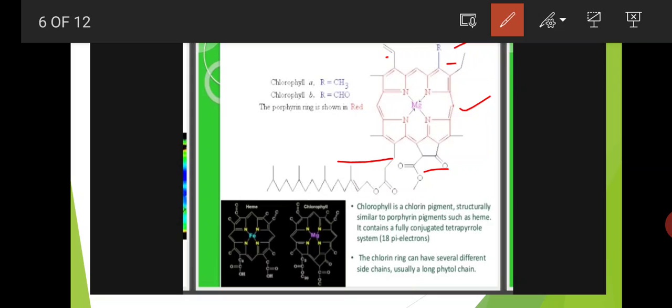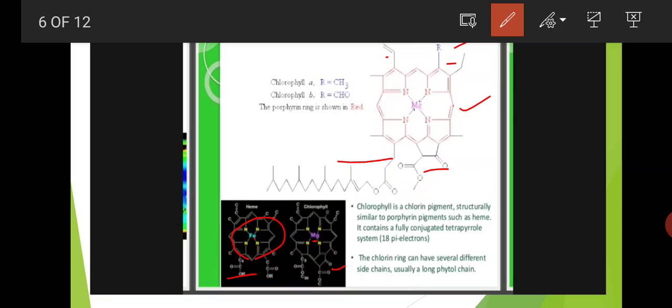Here two structures are there: the heme structure and the chlorophyll structure. The porphyrin ring is common in both, but in heme the central metal atom is ferrous, and in chlorophyll the central metal atom is magnesium, and some side chain differences are also there.